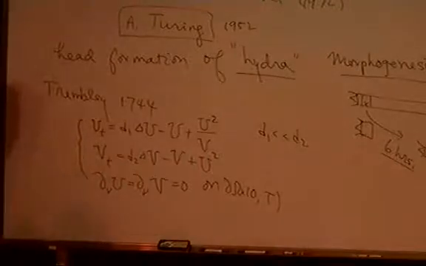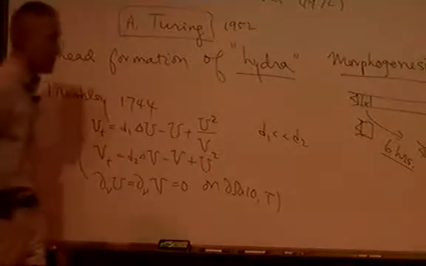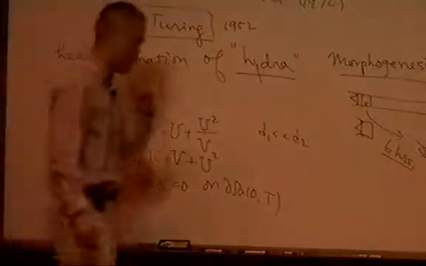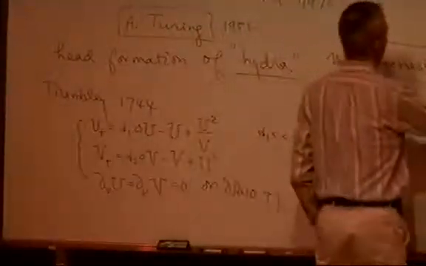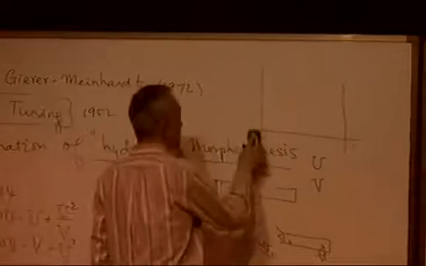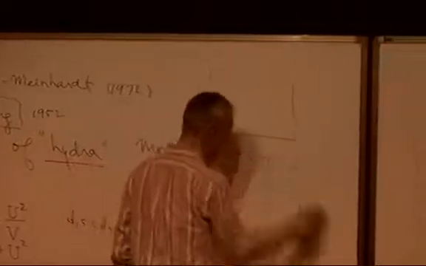And when this happens, Turing argued you get at least one steady state that will look like the following. So this is supposed to be the body of the Hydra.